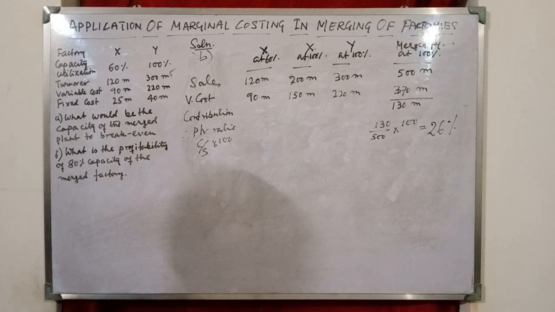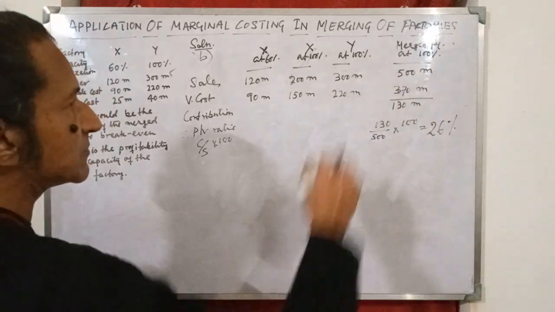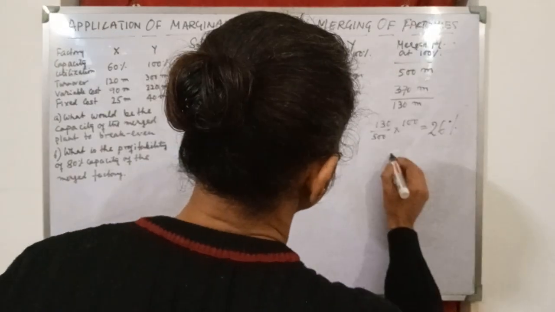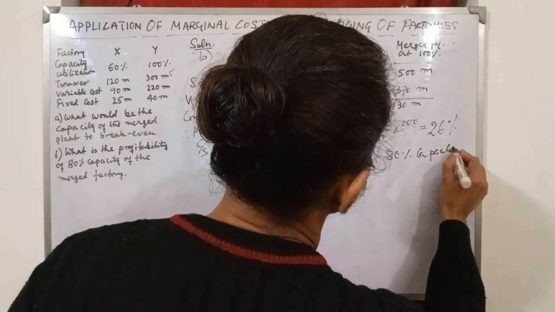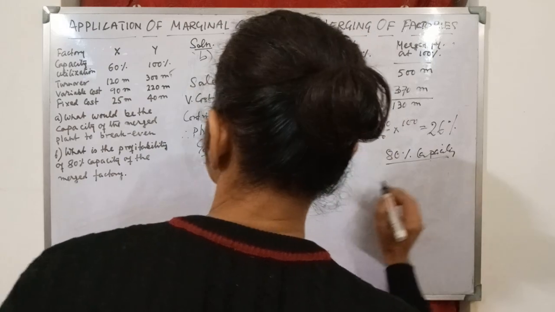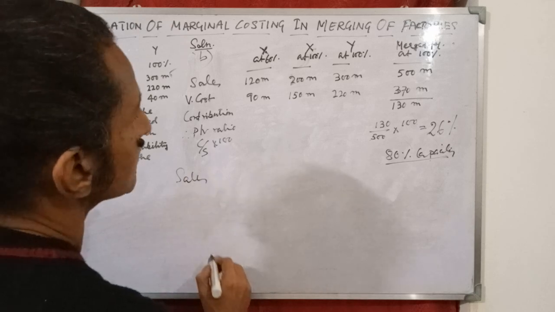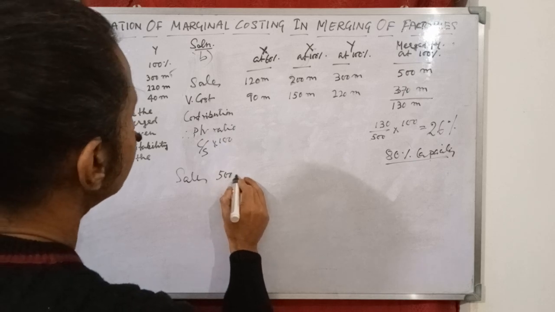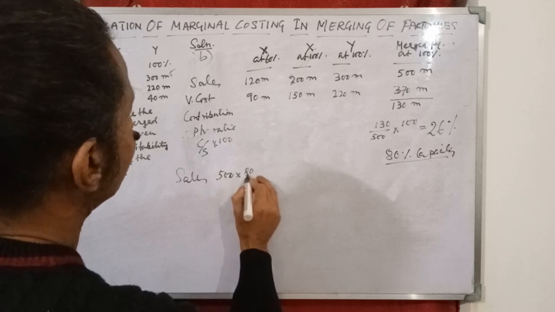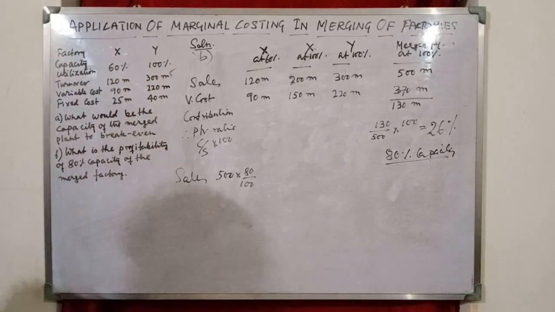What is required? What is the profitability of 80% capacity of the merged plant? So when the merged plant is operating at 80% capacity, then sales of the merged plant would be 500 into 80 by 100, because 500 million turnover is at 100% capacity.